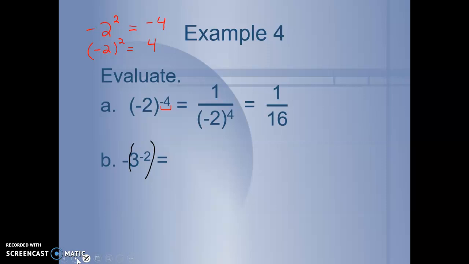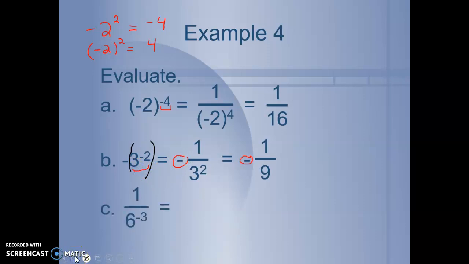Notice that the negative 3 is not in parentheses, so this is negative 3 to the negative 2 power. We rewrite that as negative 1 over 3 to the second power, or 3 squared, and that becomes negative 1 over 9. That negative sign stays out here because it was not part of the original expression there.